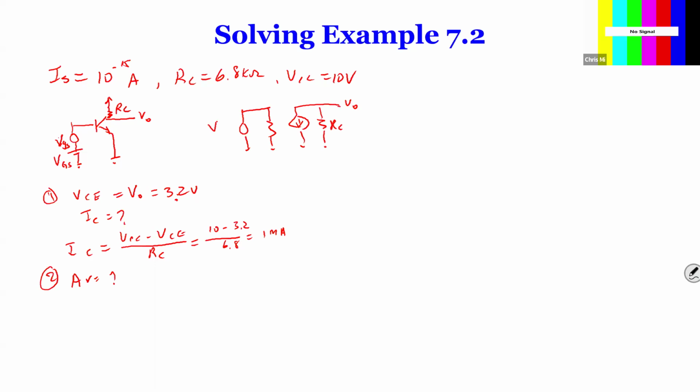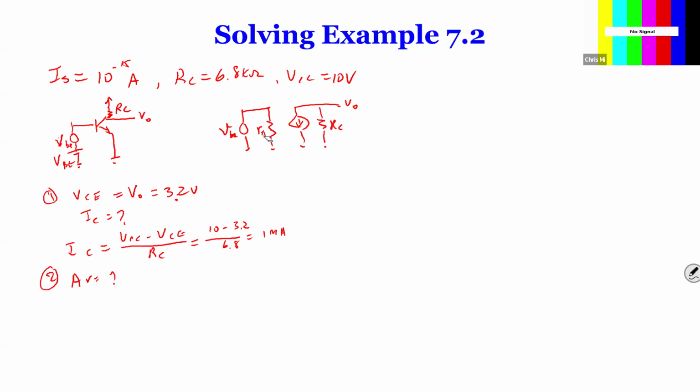Oh, did I use VGS? That's not right. Should be VBE. Sorry about that. This is a BJT, so it should be VBE. Okay, so this is rπ.